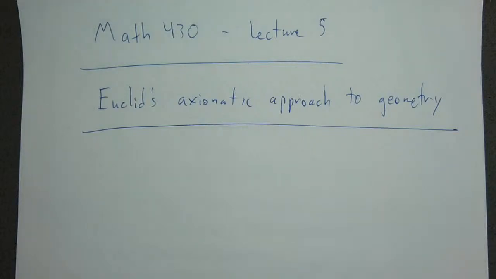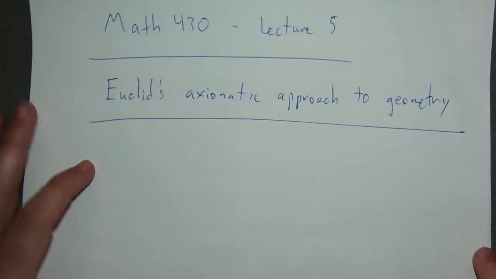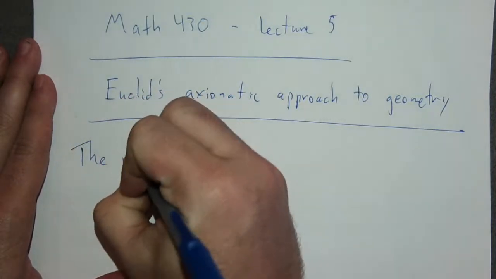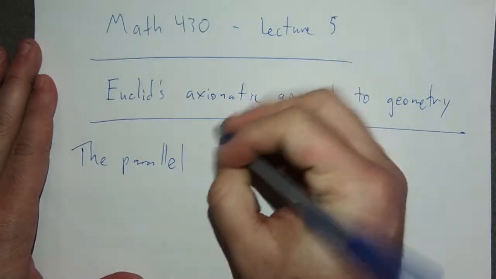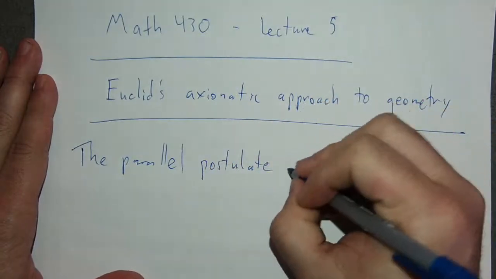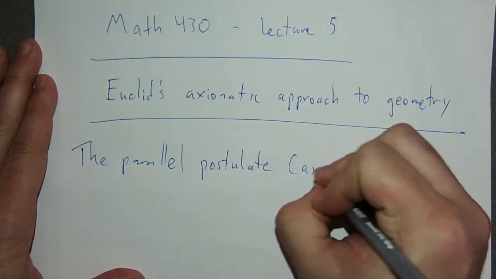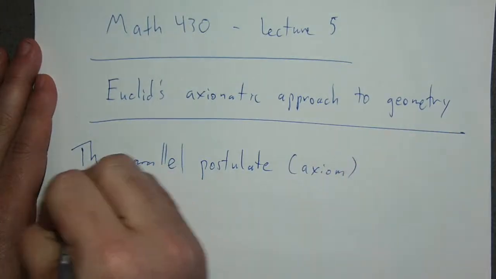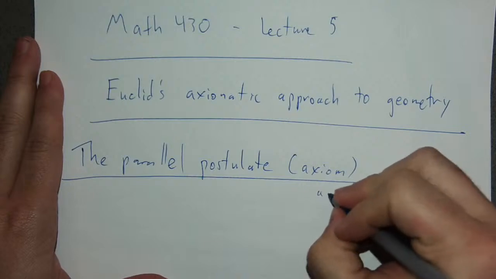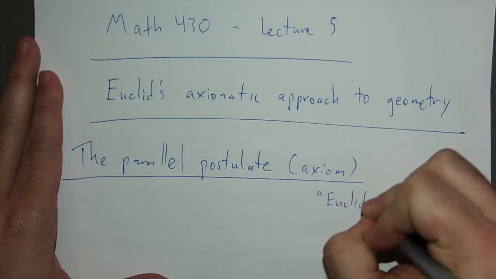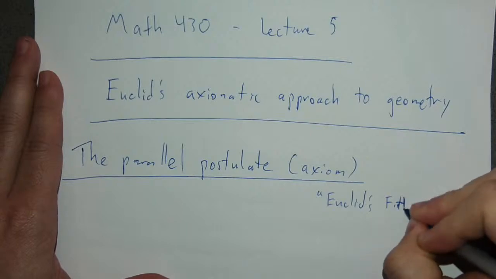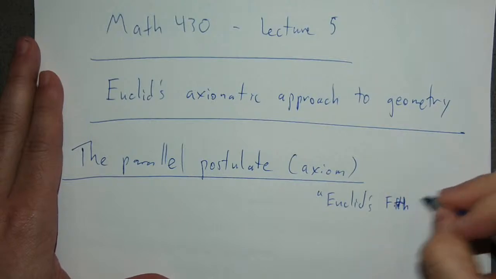So, what is the most important thing? It's the parallel postulate, or this textbook calls it the parallel axiom. This was Euclid's fifth postulate.